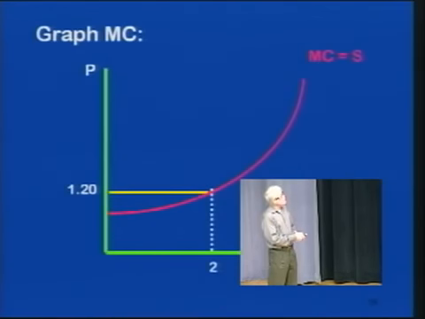After that, the firm does not go any further, because the marginal cost exceeds the price of the good. If I produce that extra unit, I'm going to be losing money on it. I'd be better off not producing it. So the firm will start out with a low level of output and continue on out until their marginal cost is equal to the price.